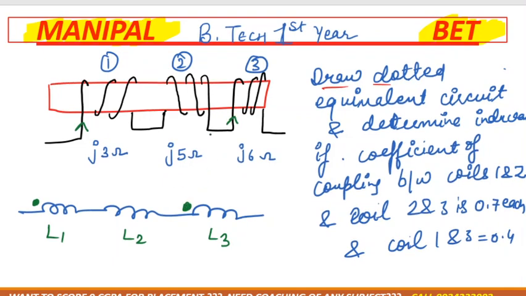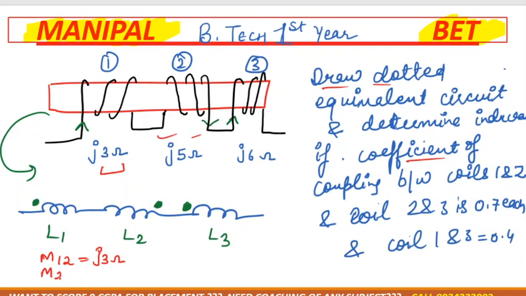So now we have converted to the dot convention, then it would be easy. They have given the mutual inductances: between 1 and 2 it is j3 ohm, between 2 and 3 it is j5 ohm.